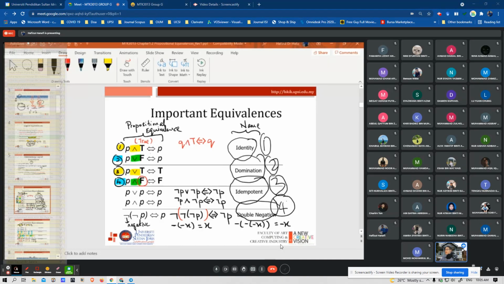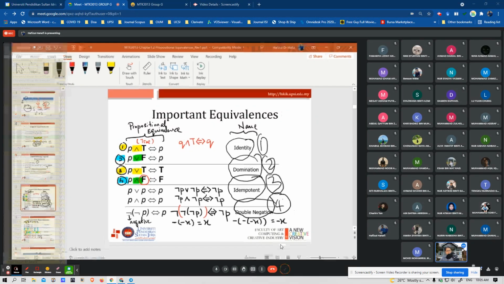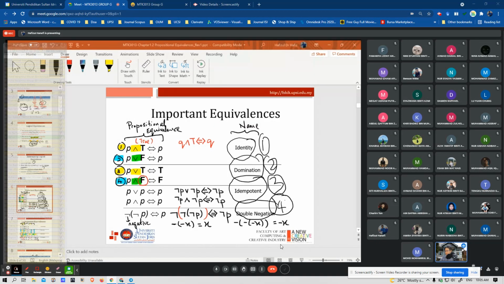We have P and T, where T is true, equivalent to P. And then P or false is equivalent to P. This is the identity. It states that each thing is identical with itself, either true or false.